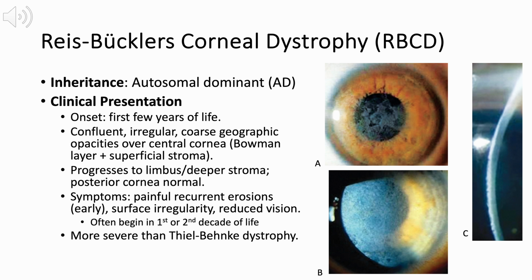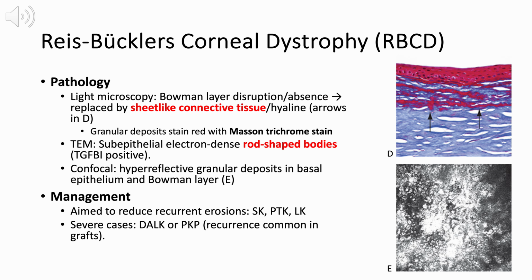Importantly, RBCD tends to be more severe than Thiel-Behnke dystrophy, both in terms of symptom burden and clinical progression. The images here illustrate the characteristic appearance of RBCD, with central corneal opacities that create a rough, geographic pattern, disrupting the normal corneal architecture.